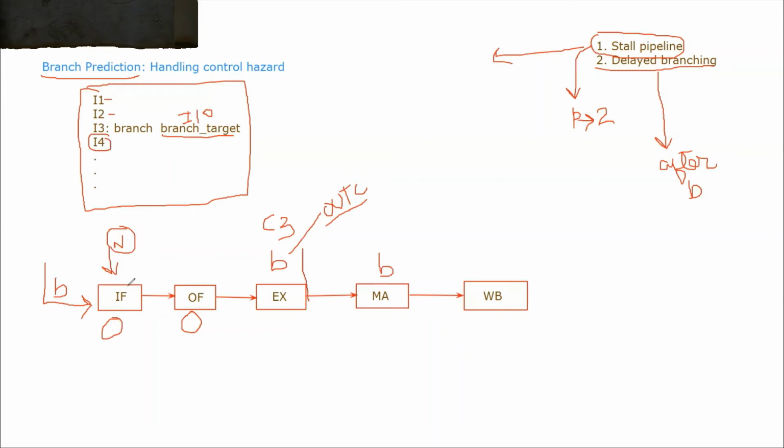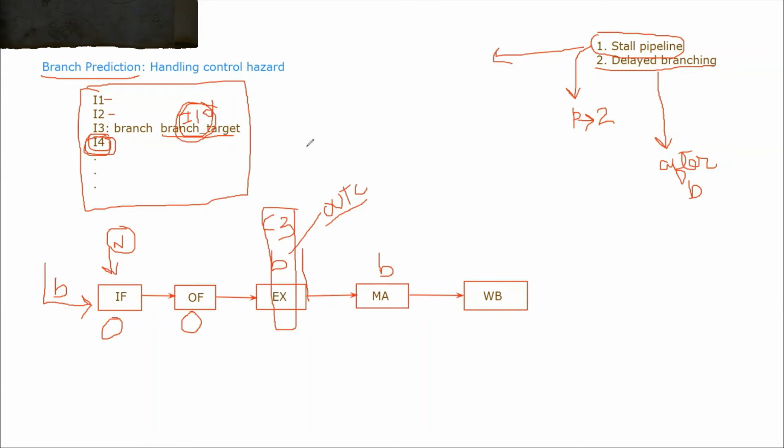We are not allowing the instruction fetch stage to fetch the next instruction. And why? Because we don't know what the next instruction should be, whether it is I2 or I4. We are confirmed only at the execute stage. At the execute stage, we will know whether the instruction to be executed is I10 or I4.